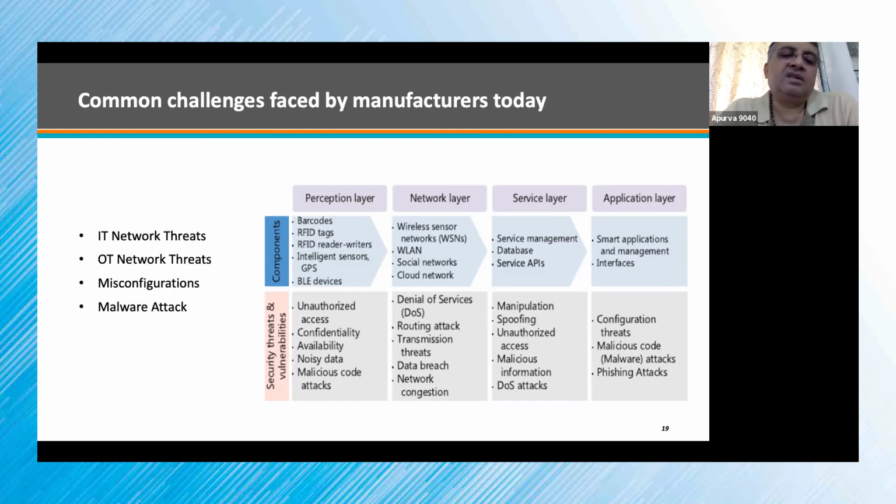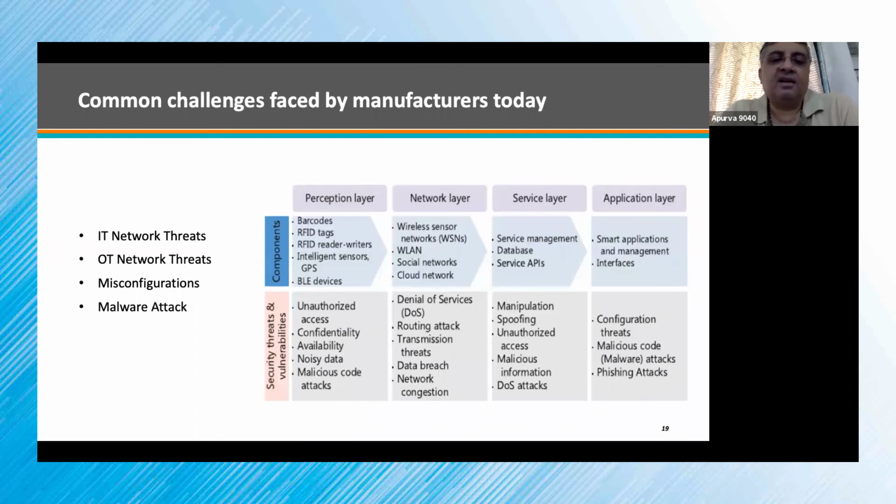But because of these things, you have a threat. Why? Because somebody can do unauthorized access, somebody can put in malicious code to attack it, and hence you need to protect that layer. Then it comes to your network layer, where you have VLAN, cloud network, wireless sensors and all that.